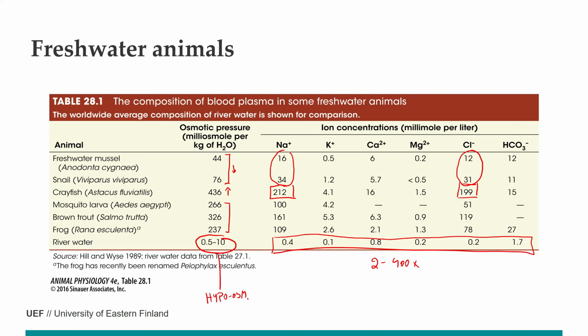But anyway, in all these ions, they might have 2 times more in the body fluids or 400 times more in the body fluids. And therefore, they are all the time working actively to prevent the accumulation of water and to prevent the loss of ions.